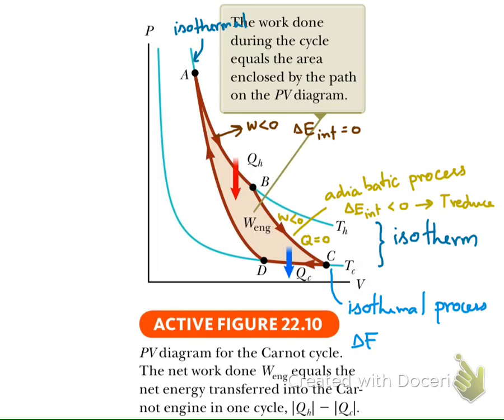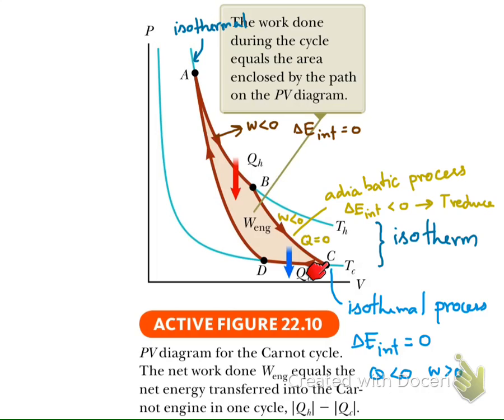Delta E int is equal to 0, and Q is negative because heat leaves the system, right? So we must have that W is positive. So there is work done on the system.